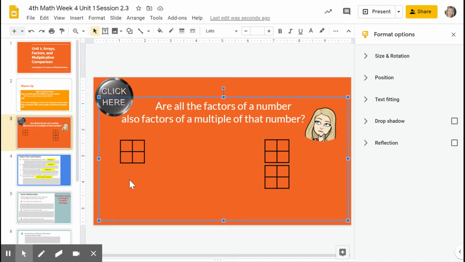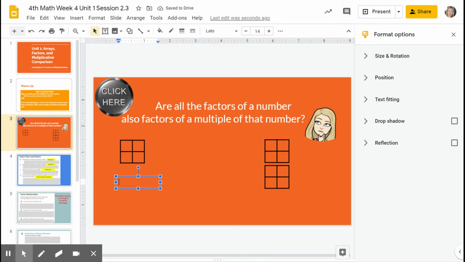Okay, so let's look at this. We already have 2 arrays. Arrays are really easy for us to work with when we're looking at smaller numbers. So when we were talking about the number 4 and this array 4, we also looked at the factors. I'm going to make a little text box here so I can write.